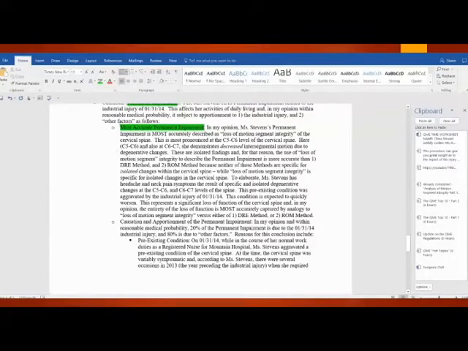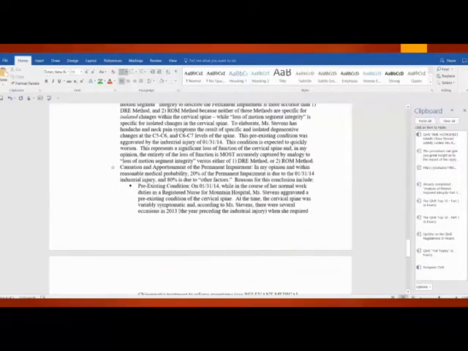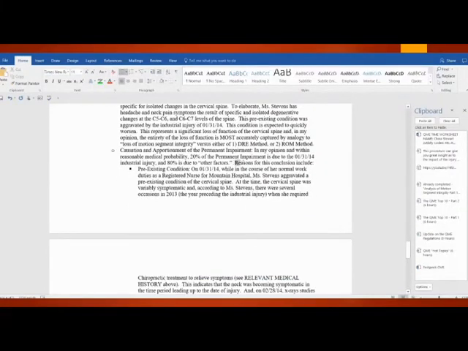Okay, so first we describe the most accurate method, and that is the alternative rating under Almaraz and Guzman. And here, under approximate percentages, I say that in my opinion and within reasonable medical probability, only a small percent, only 20% of the permanent impairment is due to the industrial injury, 80% is due to other factors, and below I explain my reasons for this conclusion.